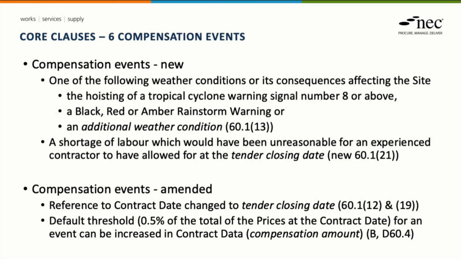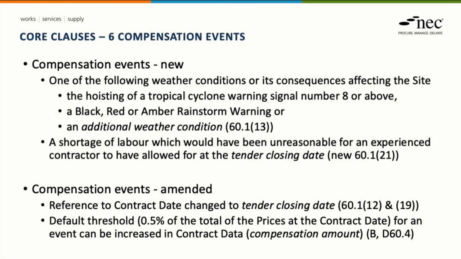In terms of compensation events, the overall process hasn't changed. There have been a number of changes to specific events or compensation events. So the weather event has been changed to better reflect weather conditions in Hong Kong.